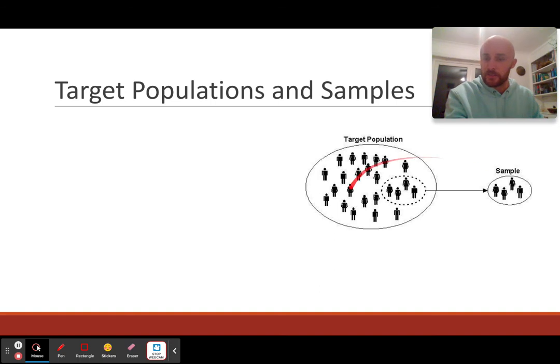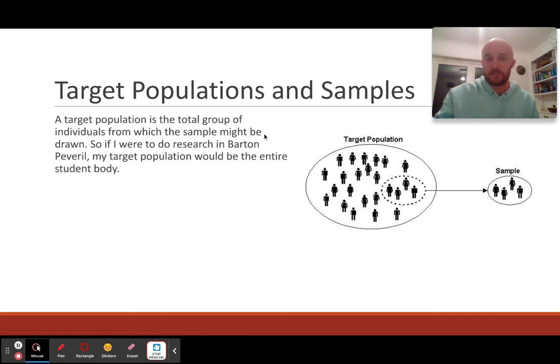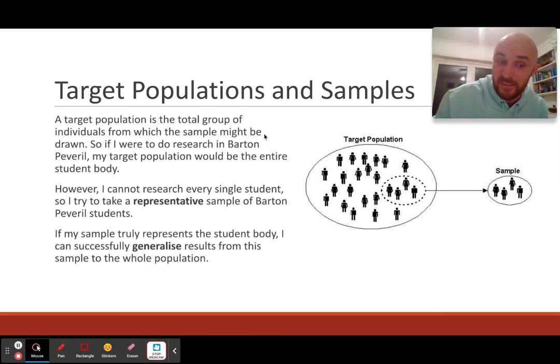So as it kind of shows you just here, the sample you pull from that target population, you want to be representative. But it's that pulling, it's that creation of a sample that we're actually going to be looking at today. How do you recruit and collect that sample? Now, I think I've just basically described everything here. Target population, Barton Peveril, blah, blah, blah, representative sample.